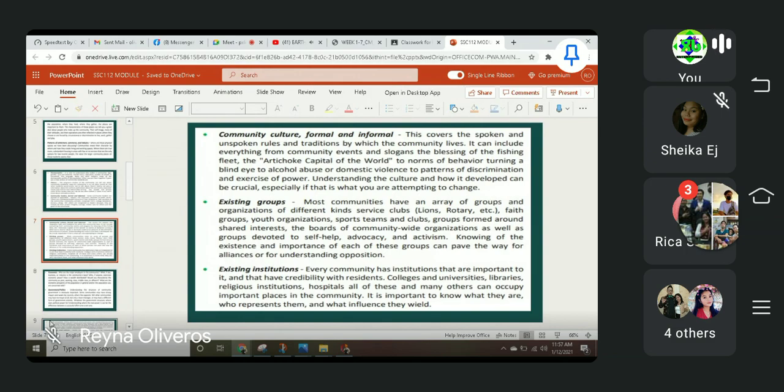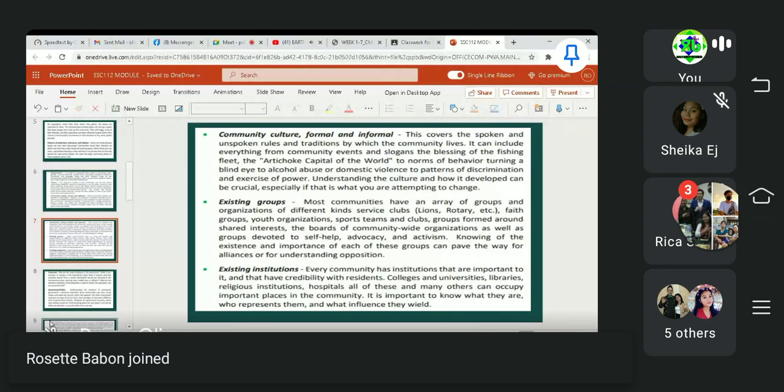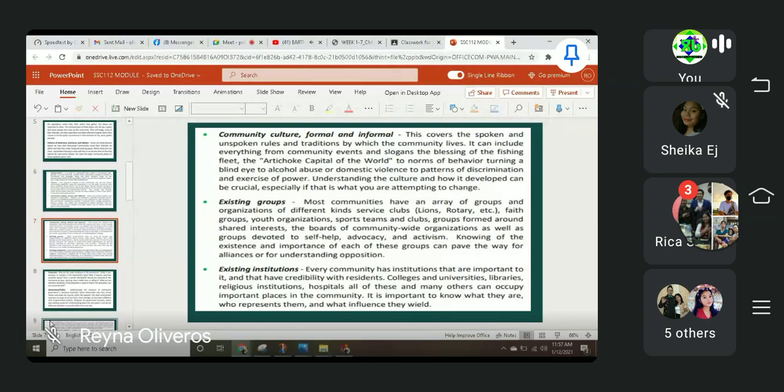So, dito naman tayo sa aspect of community culture, formal and informal. Within the community culture, this covers the spoken and unspoken rules and traditions by which the community lives. Okay?